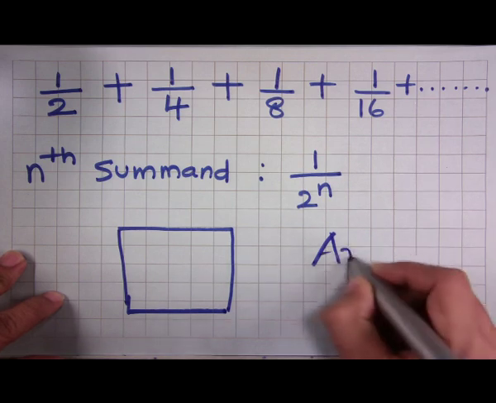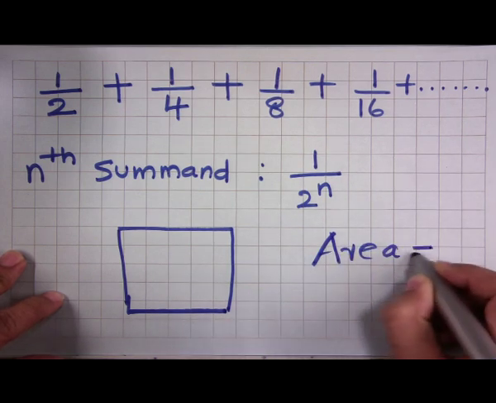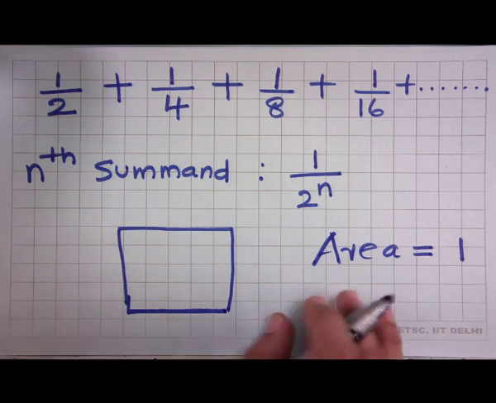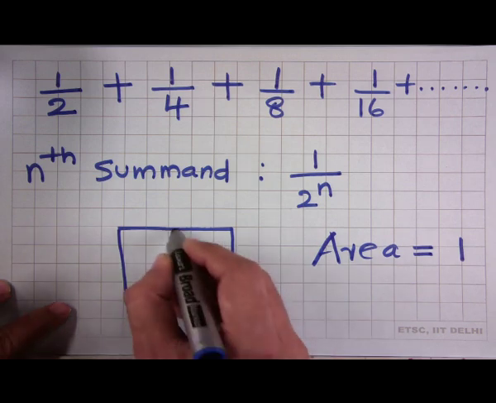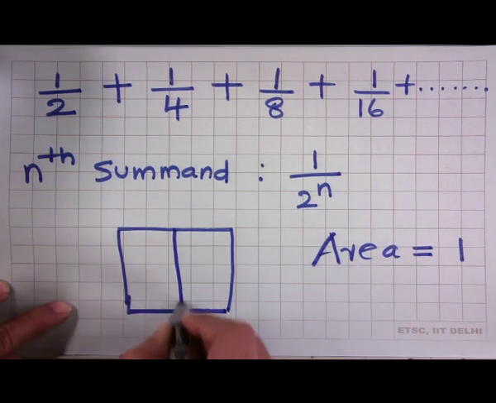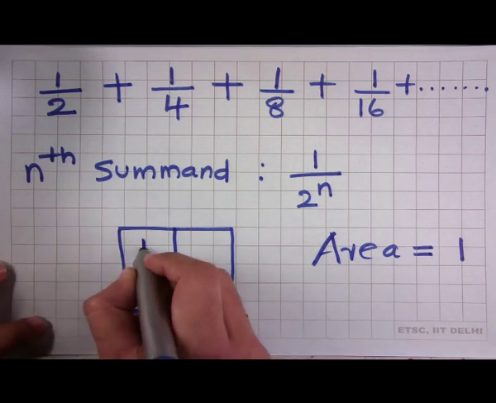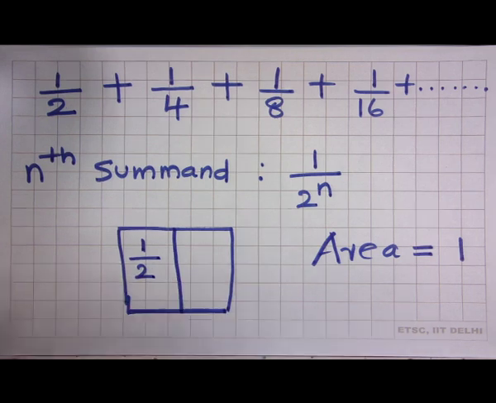We all know that its area is 1 square unit. Let us halve this square. Then the area of the first half will be half square units.